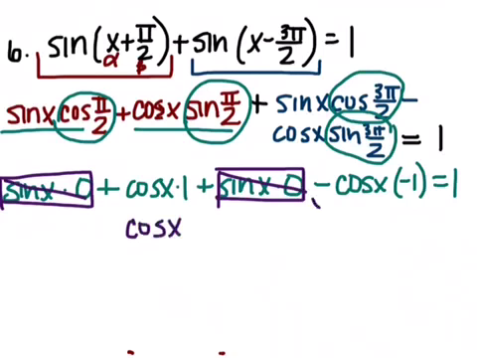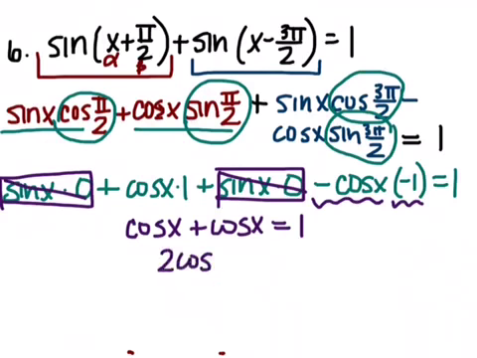I have negative cosine times negative 1, that's positive cosine. So I have cosine plus cosine, still equal to 1. Cosine plus cosine is 2 cosine. And so I have cosine of x equals 1/2.